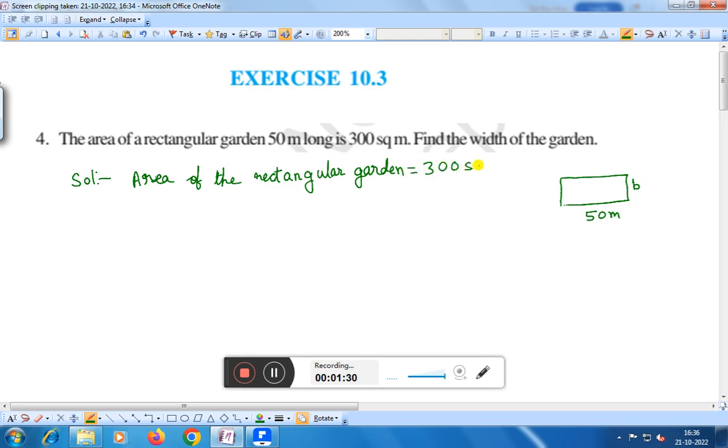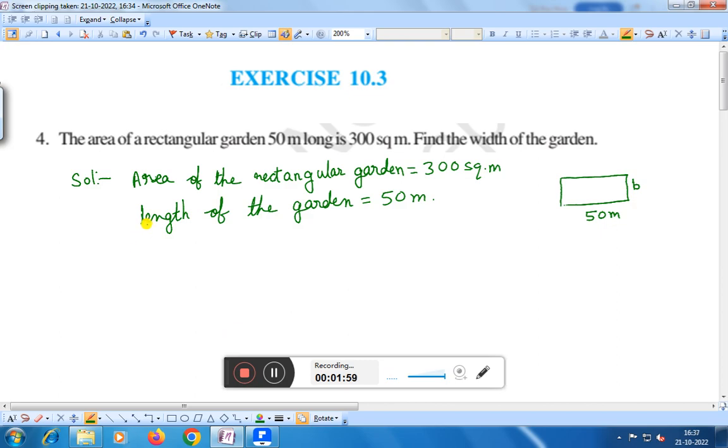And length of the garden is equal to 50 meter. We have to find the width of the garden.